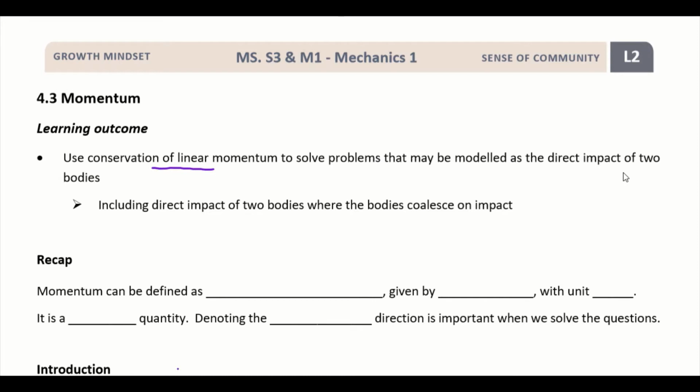We want to find out what the direct impact is at that time and what the impact on their velocity is after that, and so on. You'll be learning some new terms as well, such as coalescence here. We are going to look at it further when we discuss the term. Let's move on to the notes part.